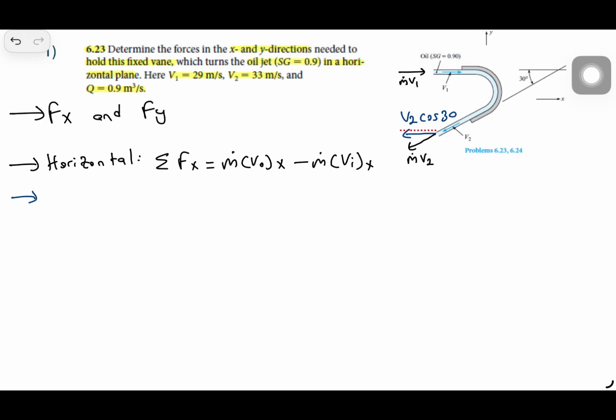And as you can see, the question is taking this direction as positive. Since this is going from right to left, we will have a negative velocity.